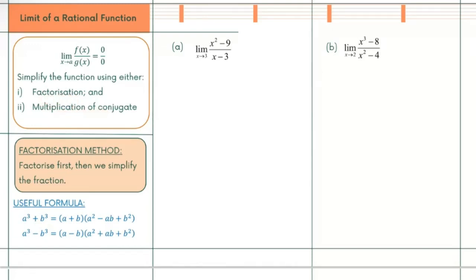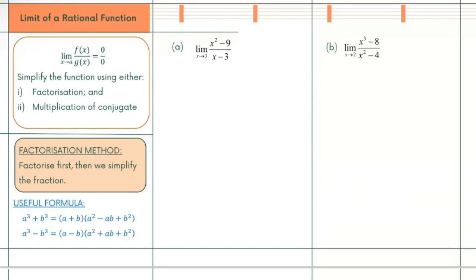So kena pilih salah satu lah. Okay, so untuk factorization method ini, kita akan factorize dahulu, lepas tu baru kita simplify the fraction. Maksudnya selepas kita factorize, memang akan ada benda yang kita akan potong-potong lah supaya dia jadi simple.